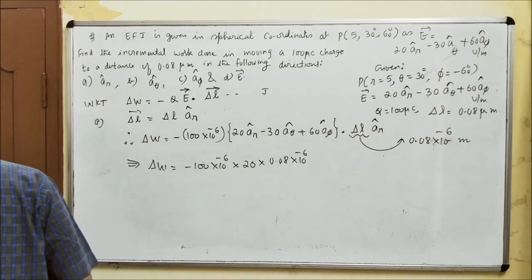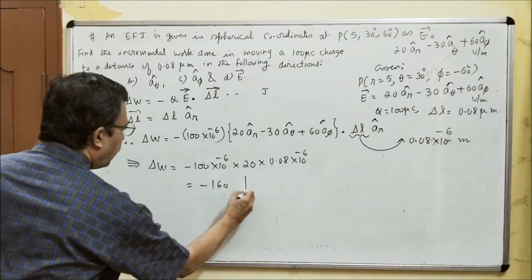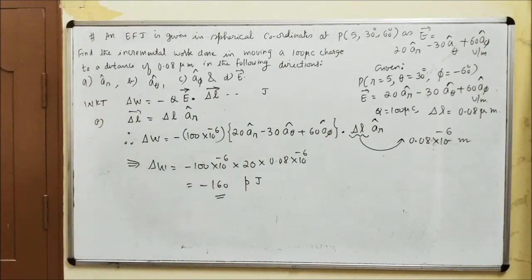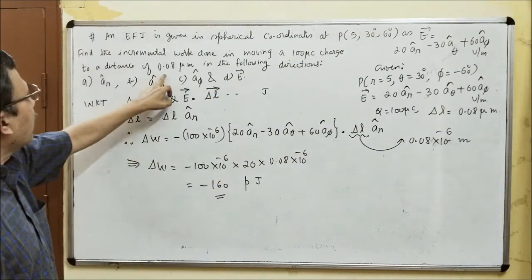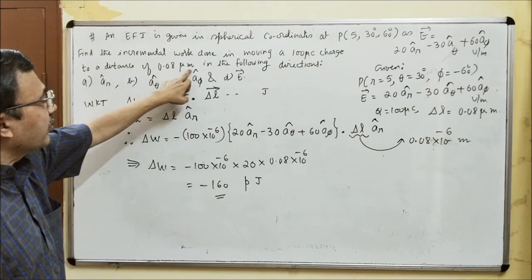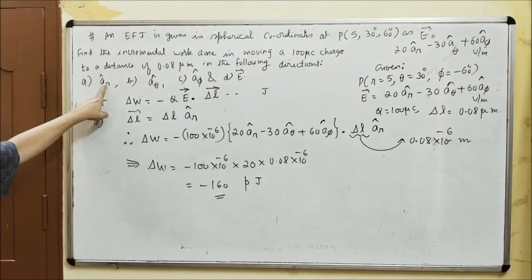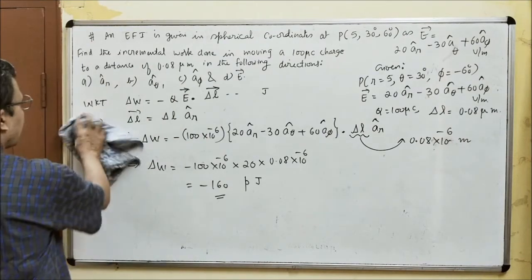So this becomes minus 160 picojoules. This is the answer. This is the work done in moving a charge of 100 microcoulombs by a small distance 0.08 micrometers in the presence of this electric field, in the AR cap direction. Next I will go to part B.